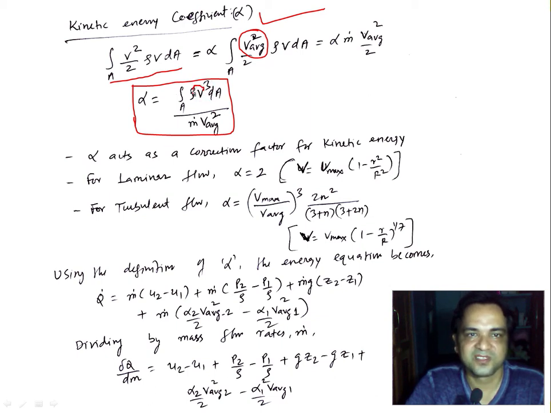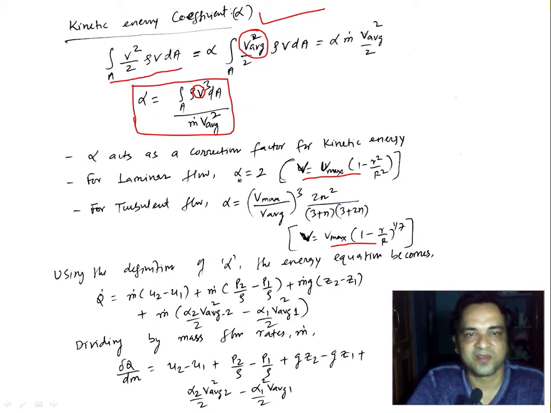Now, you know the velocity profile for laminar flow as well as for turbulent flow. For laminar flow it is a parabolic profile, and for turbulent flow we have the 1/7 power law profile. If you put in this velocity profile, do the integration and divide by m dot v average square, you will get alpha.